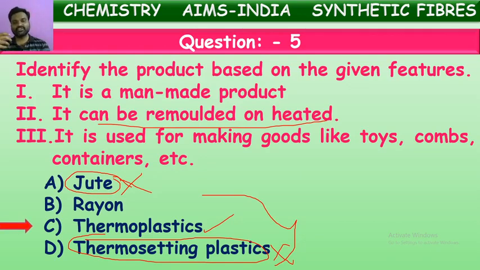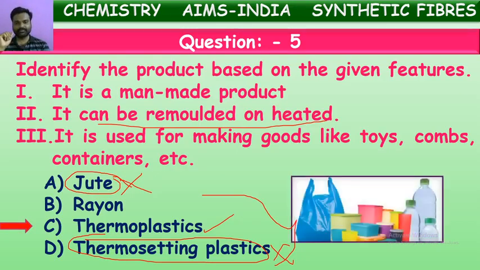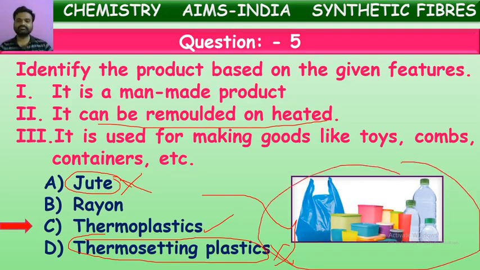Yes, thermoplastics are man-made material and they can be remolded on heating. Say the polythene covers, bottles, water bottle, cans, tins, boxes, these all are thermoplastics. They can be remolded on heating, and they are man-made. So all these options are suitable for thermoplastics. That is the correct answer. Nice.